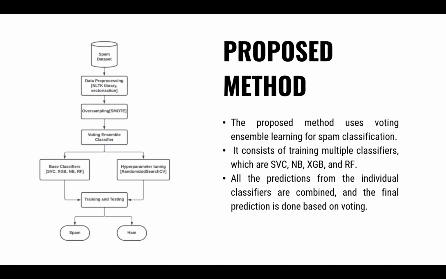Okay, sure. So, starting with the proposed method, what we saw is that the other machine learning ensembling models and ensembling classifiers combined with hybrid ensemble learning were able to contribute more to spam email classification.